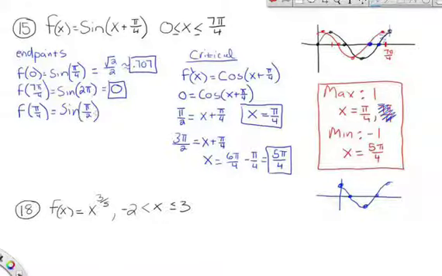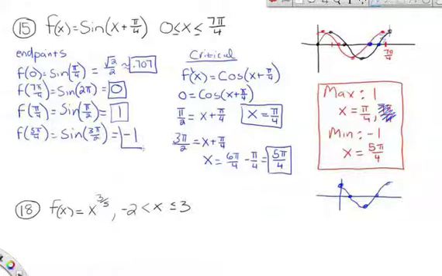And sine of pi over 2 we know is 1. And f of 5 pi over 4 is sine of 6 pi over 4, which is 3 pi over 2. And sine of 3 pi over 2 is negative 1.